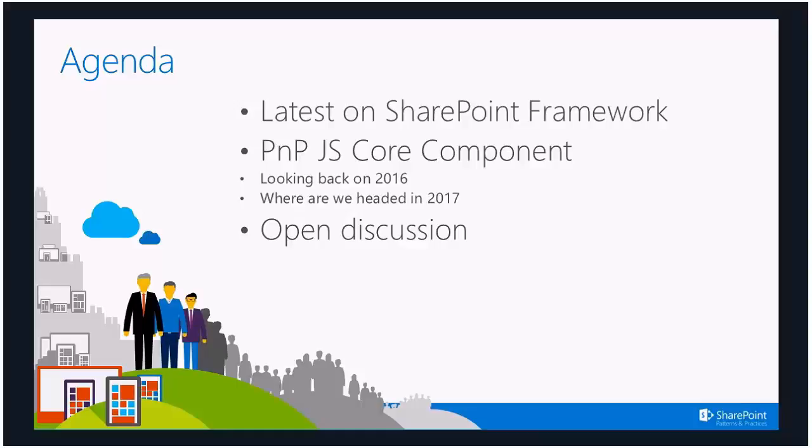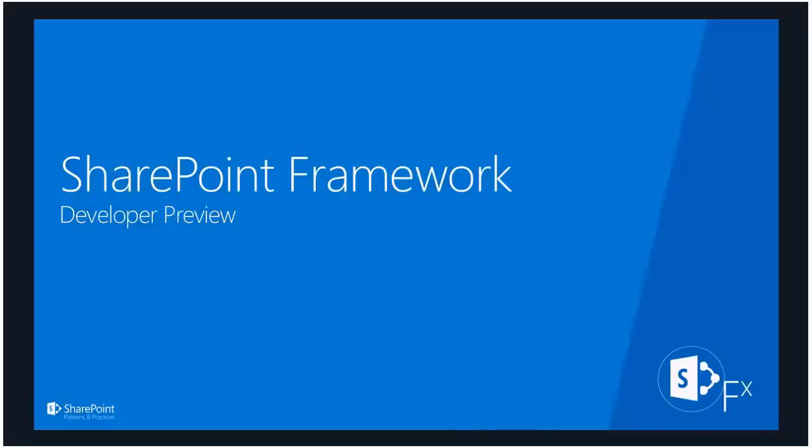We're going to leave the end of the call open for discussion. So if folks have questions or things they want to talk about, especially regarding the roadmap for 2017, we welcome that. This might end up being a slightly shorter call than normal, but that'll be just fine. So I'll pass it over to Vasa now to give us an update on the SharePoint Framework.